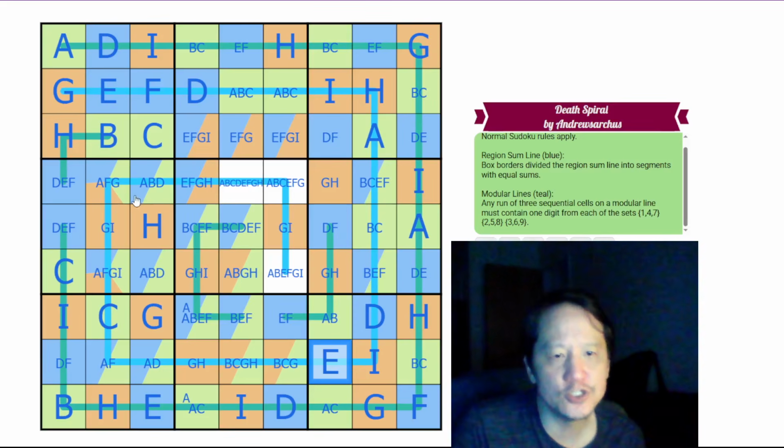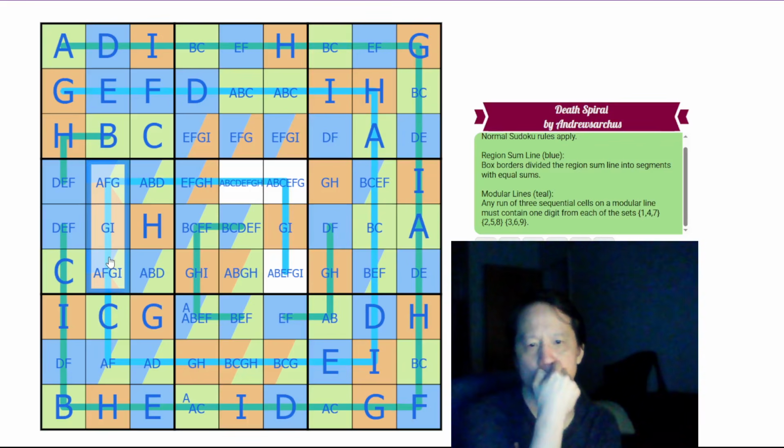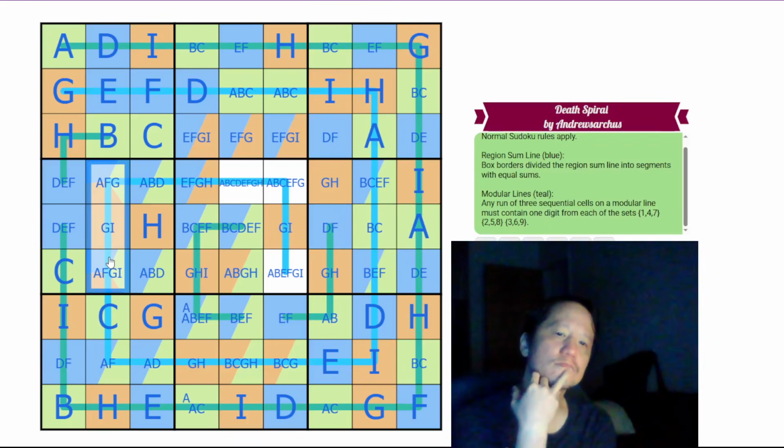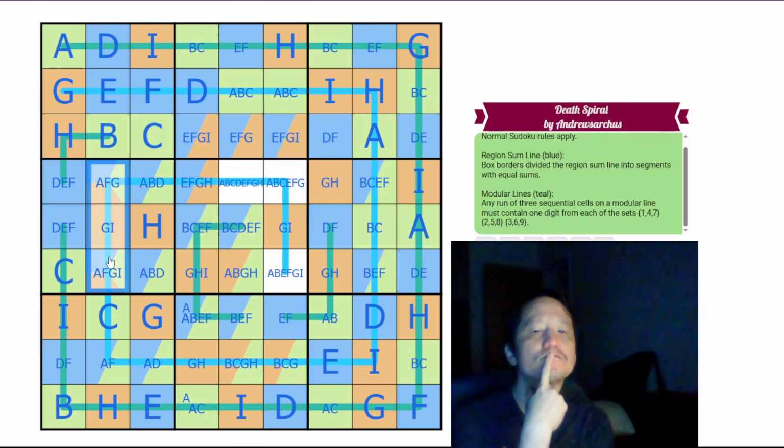We have guaranteed G and I here. Interesting. A is part of two doubles, at least.